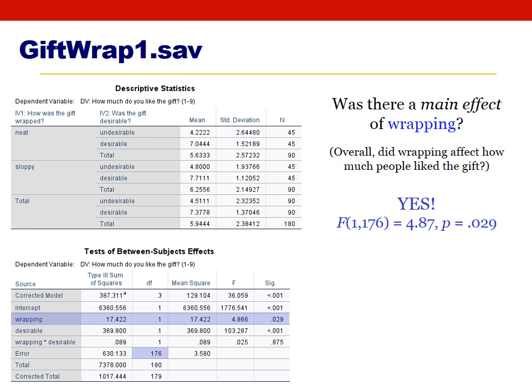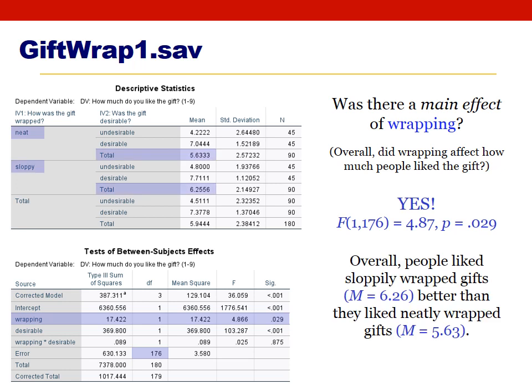On average, people who got a neatly wrapped gift rated it as a 5.63 out of 9 in terms of how much they liked it. Right below that, we get the same number for sloppy wrapped gifts: sloppy undesirable, sloppy desirable, and then most importantly for our purposes right now, sloppy total.